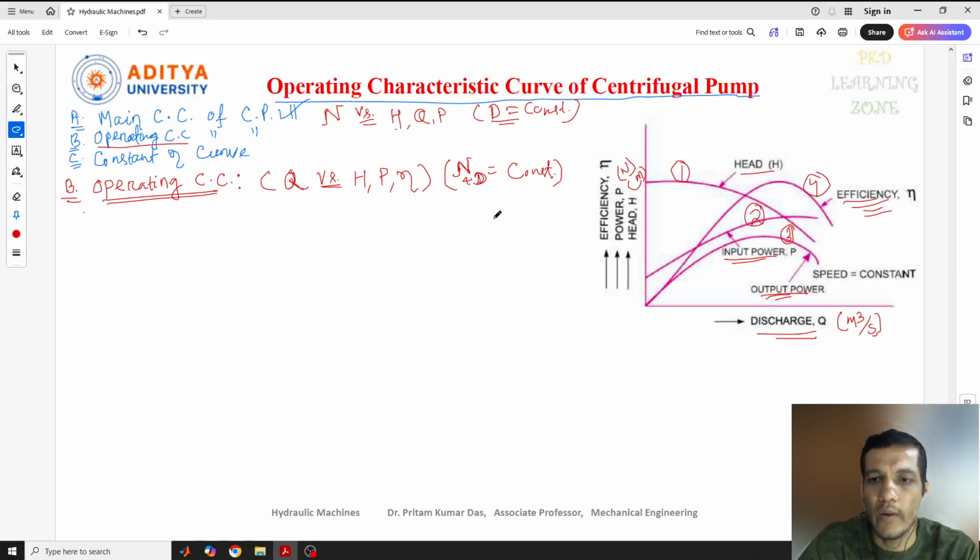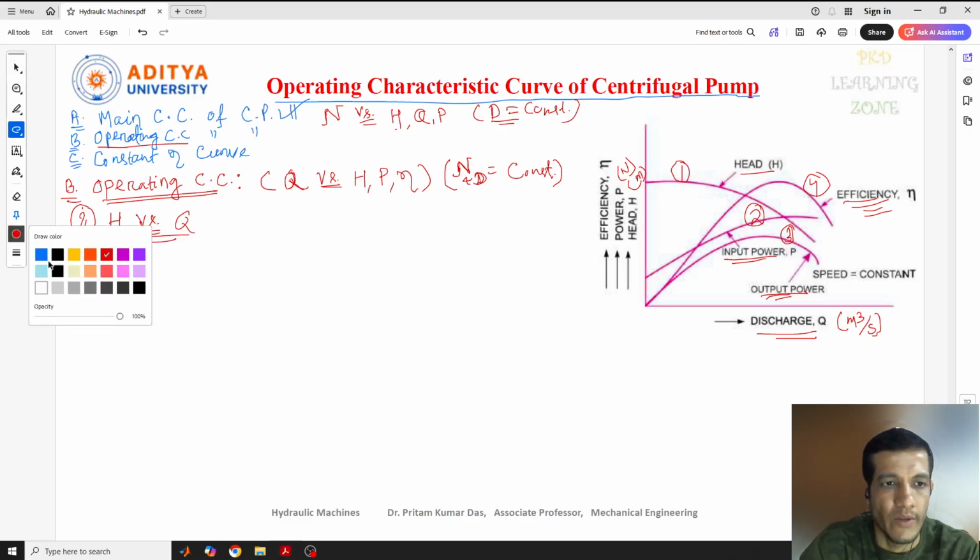Let's discuss one by one the comparison between head and discharge, power versus discharge, and efficiency versus discharge. First, I'll consider the relation between head and discharge, head versus discharge.